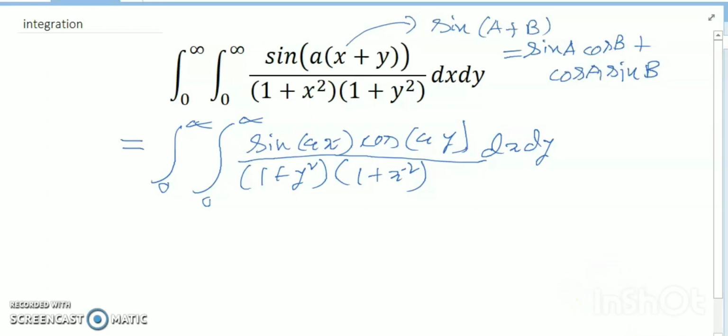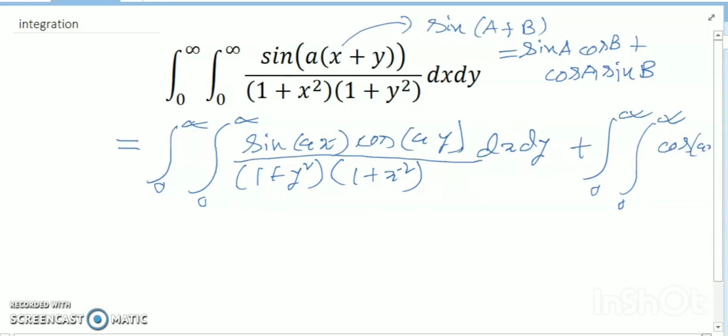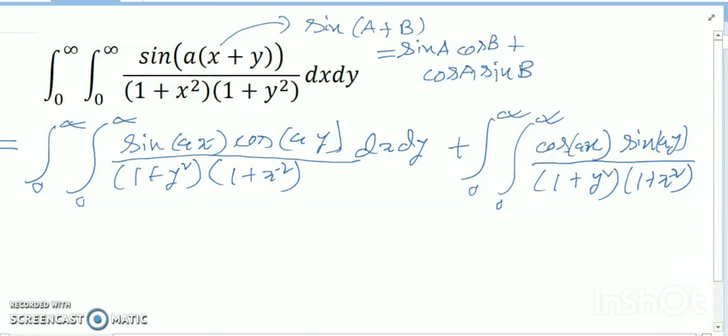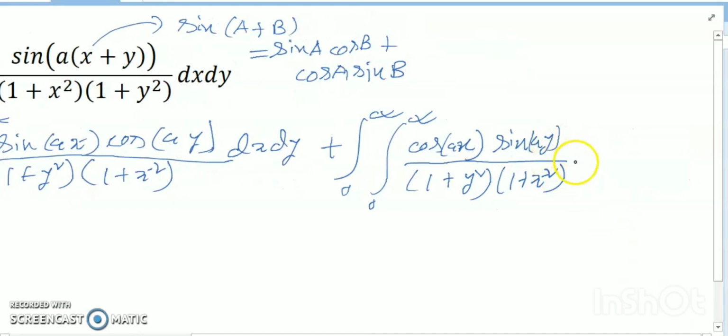So it can be written this way, plus the integral from 0 to infinity and 0 to infinity of cos ax sine ay divided by 1 plus y square into 1 plus x square, dx into dy.